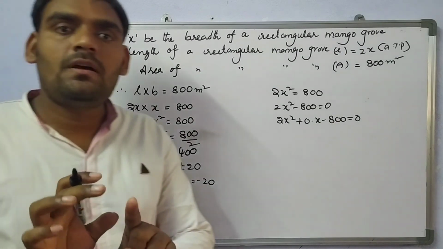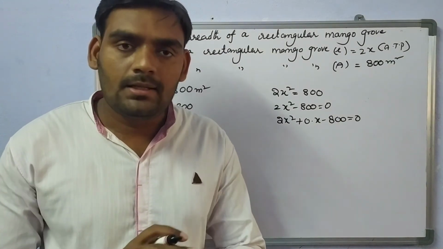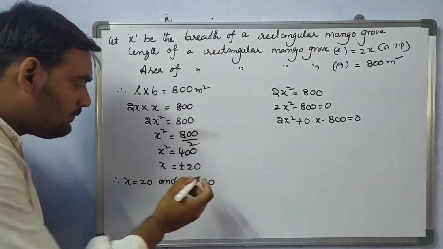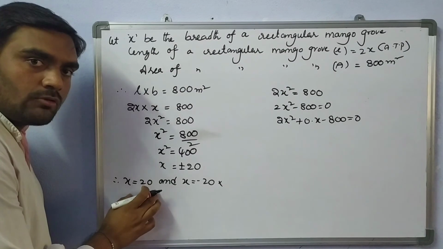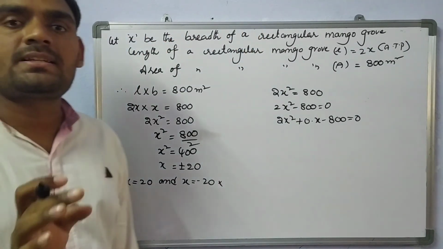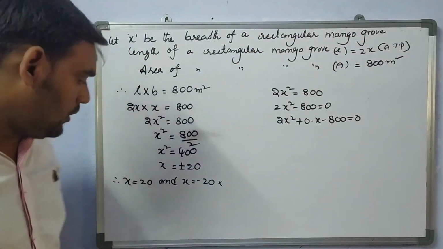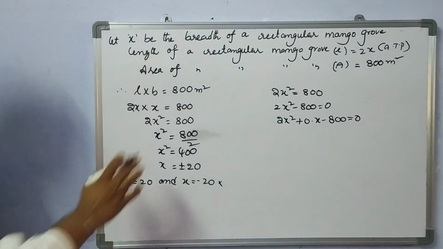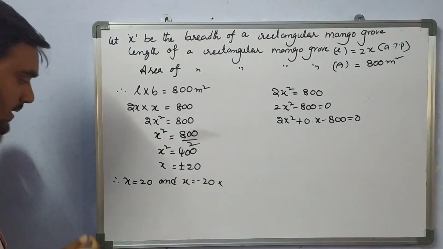See, dimensions of a rectangle are always positive. They won't be negative. So here we won't consider x is equal to minus 20. We will consider x is equal to 20 only. X is nothing but the breadth of the rectangular mango grove in the problem. The length of the rectangular mango grove is equal to twice its breadth.